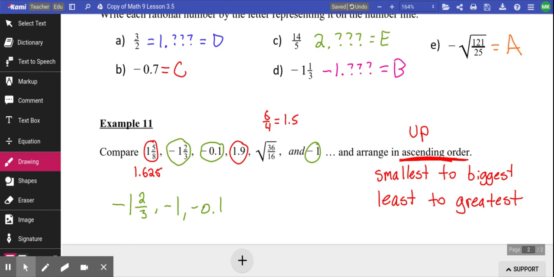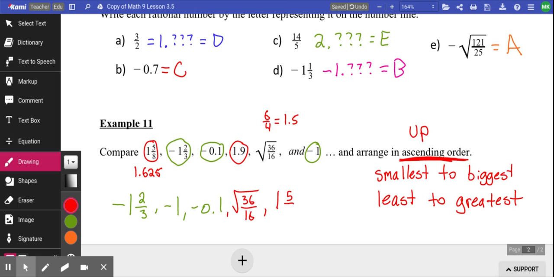If I'm going from least to greatest, that means the square root of 36/16 comes first. Then it would be 1 5/8. Then it would be 1.9.